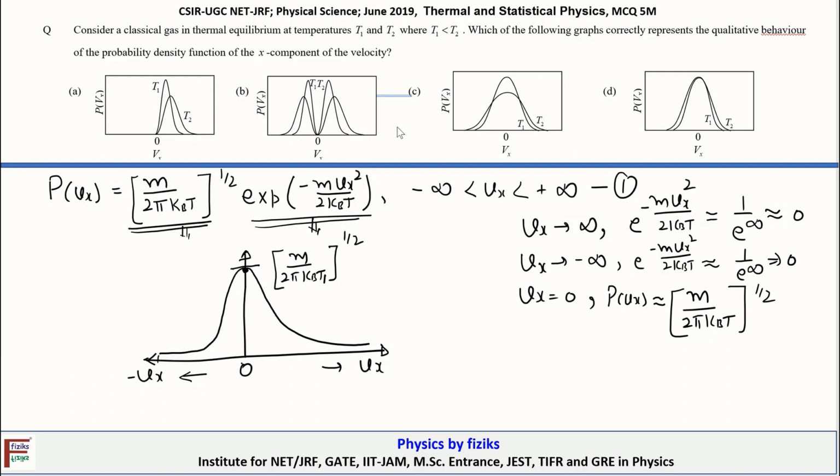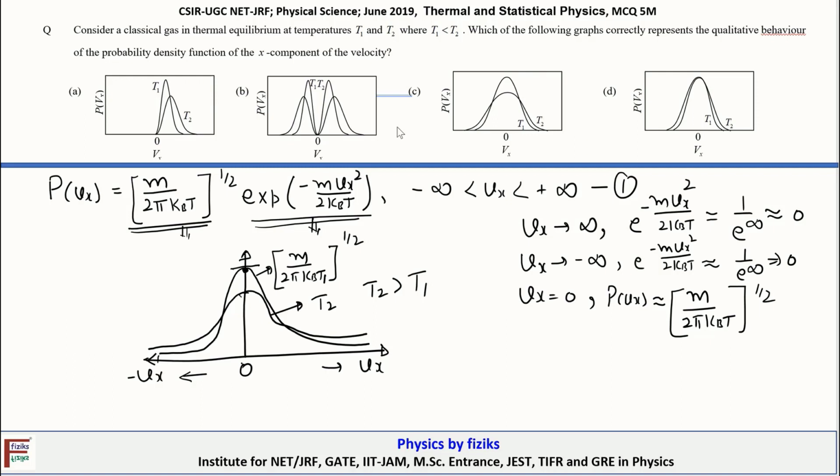But now when T2 is slightly larger than T1, for larger temperature the value here will be reduced, and the function will behave like this. So we can say that this is for T1, and the second graph that we have plotted is for temperature T2, such that T2 is greater than T1.